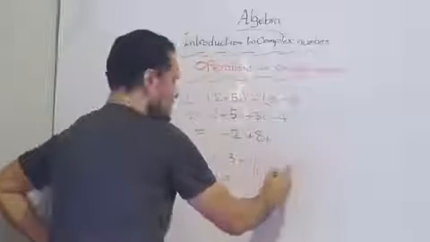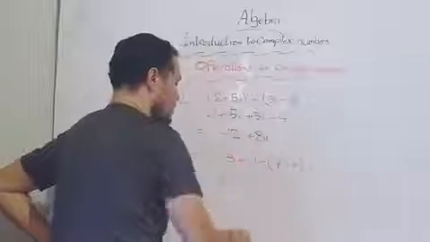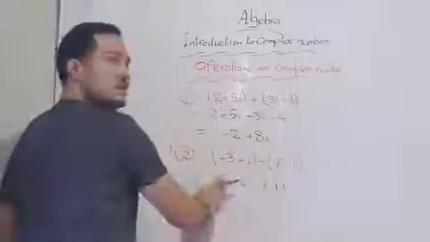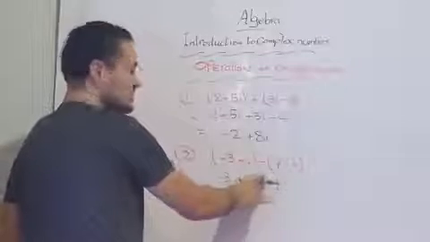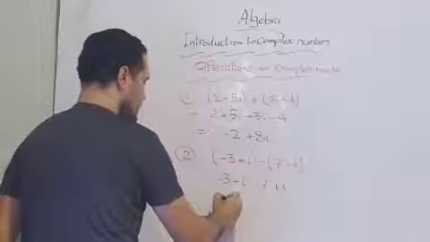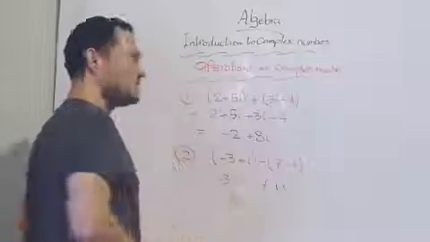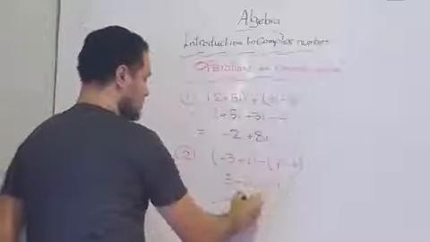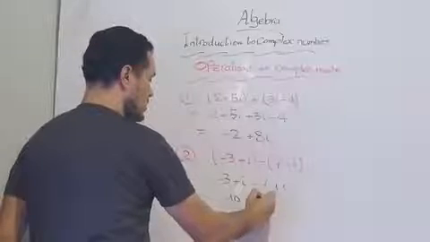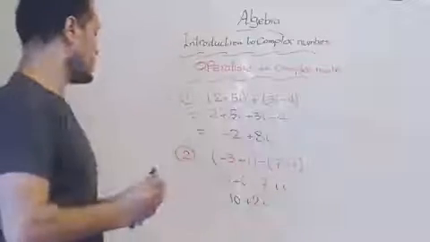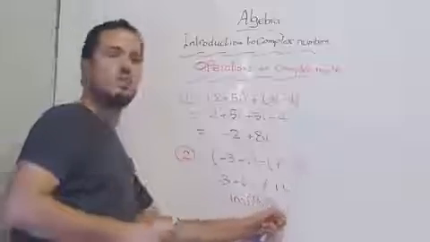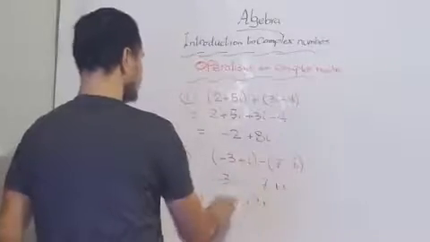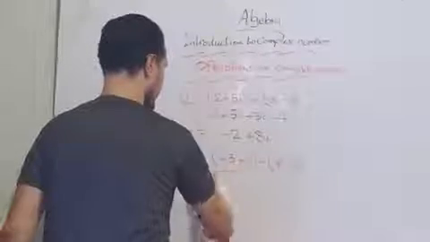Negative times negative i is positive i. Let's join the real parts. Negative 3 minus 7 equals negative 10. And i plus i equals 2i. So the result will be negative 10 plus 2i. Okay.